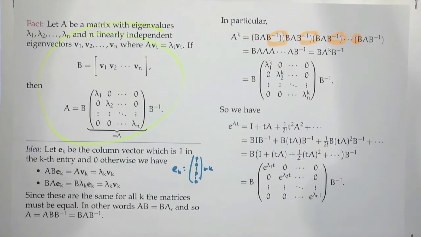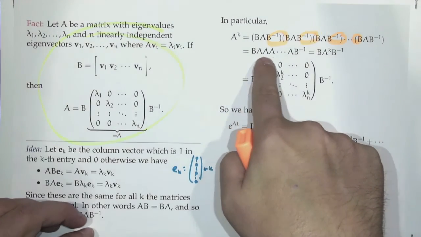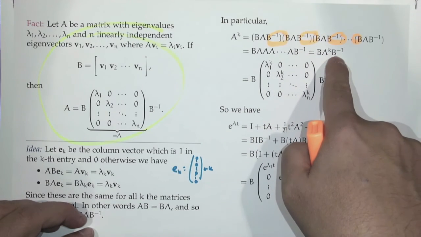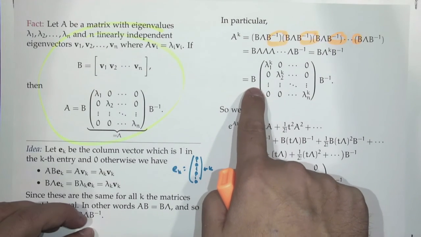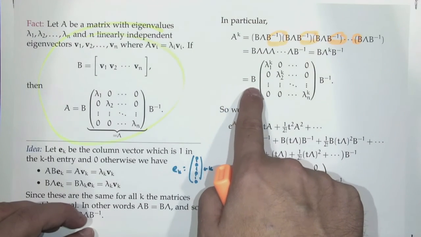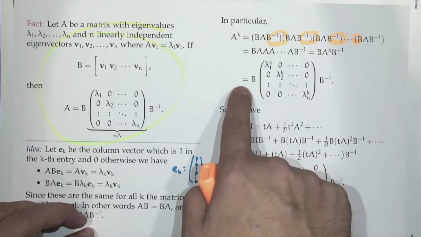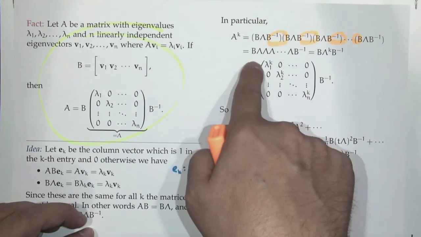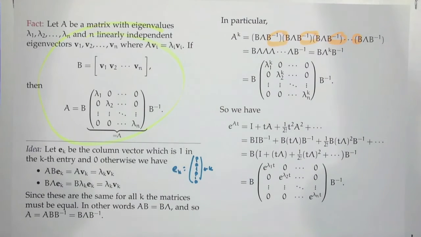It cancels out. It's like the identity. So they all just disappear. So it's like I have B and a bunch of lambdas, B inverse. In particular, it's B lambda to the k B inverse. So A to the k is actually pretty simple. Once I have it in the right form, you're just raising these eigenvalues to the kth power.